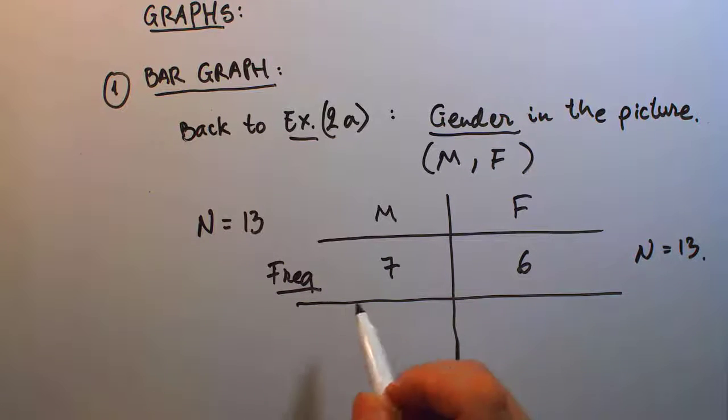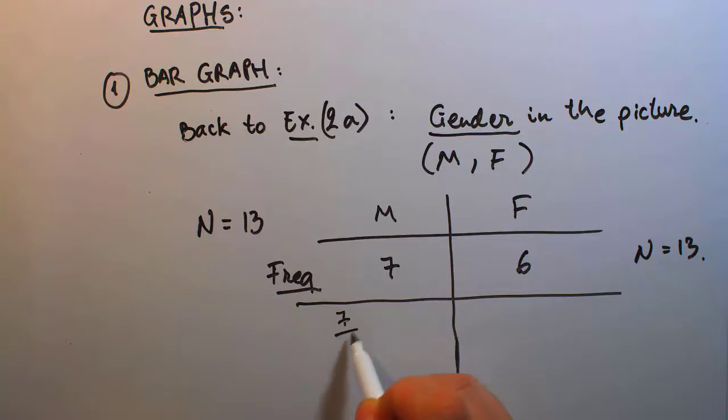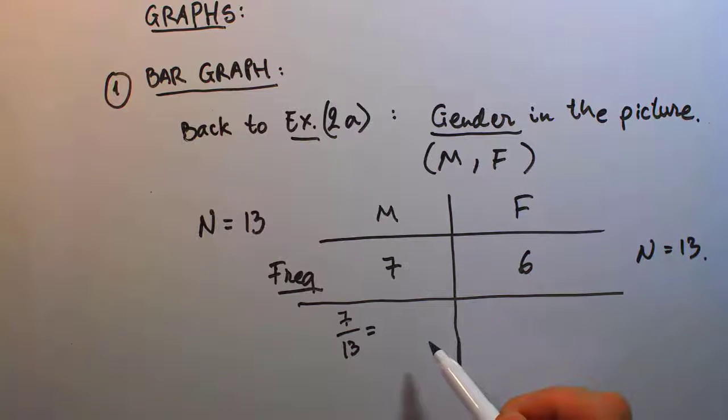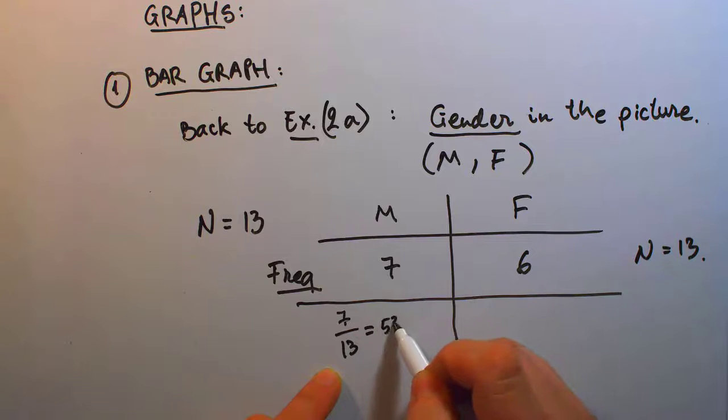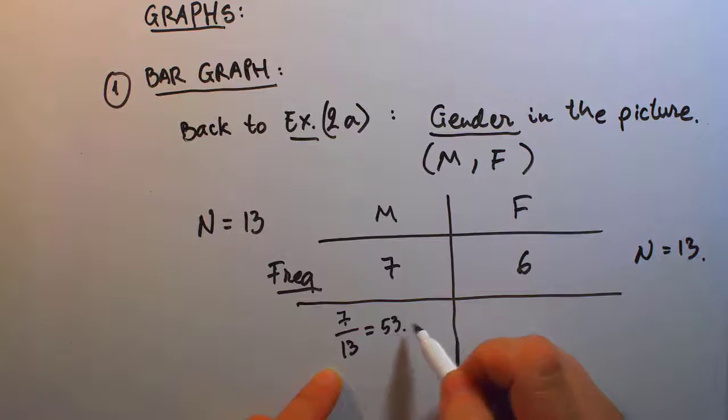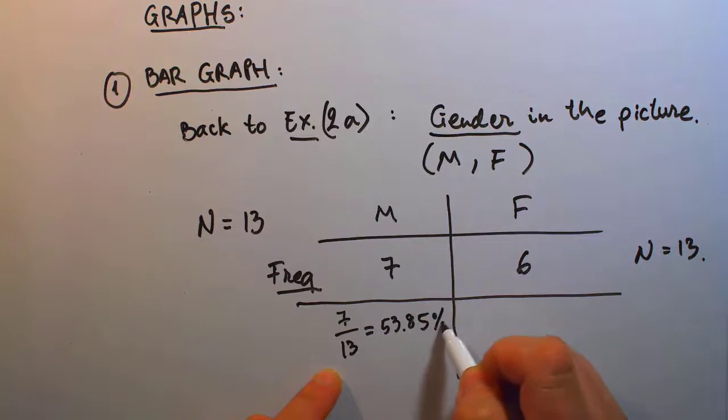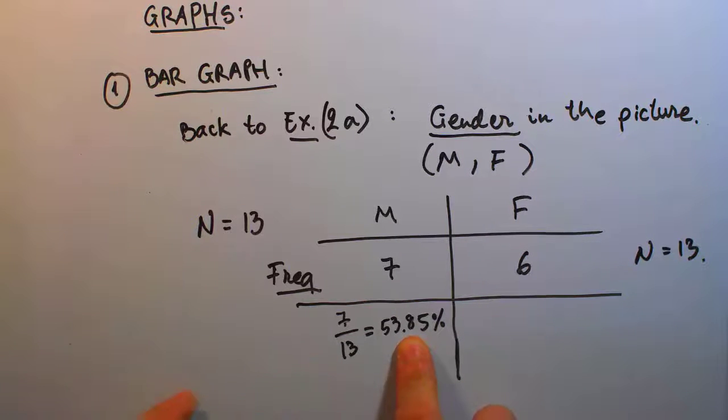The next step we did back in example 2a was to get the relative frequency. So 7 out of 13 was put into relative frequency, or percentages. 7 out of 13 was 53.85%, and we call that percentage the relative frequency.